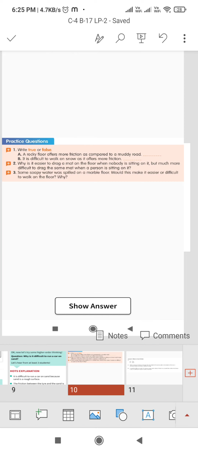Second, it is difficult to walk on snow as it offers more friction. Clearly false. Why? If there is more friction, then we will not be able to walk. But the question says it is difficult to walk on snow as it offers more friction. So the answer is false.